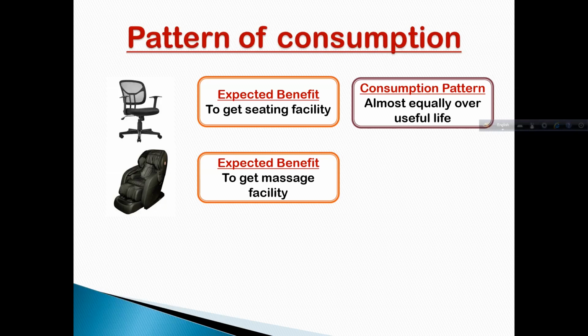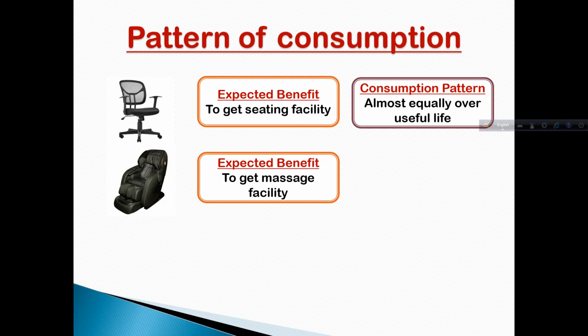So in that case, you should select the reducing balance method as the depreciation method for this massage chair, considering the pattern of consumption of benefit. The benefit given by the chair is the massaging benefit. In year one, you are getting the maximum benefit.